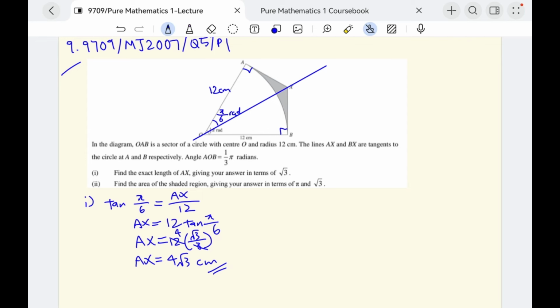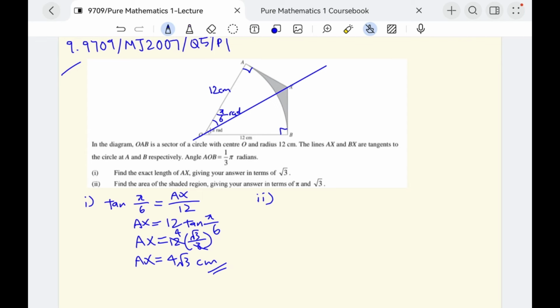Alright, so to find the area of the shaded region, I need to calculate the area of this entire geometry minus the area of this entire sector. Okay, this is the way you are thinking.